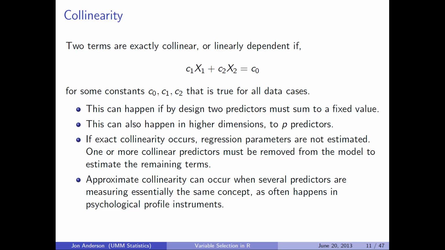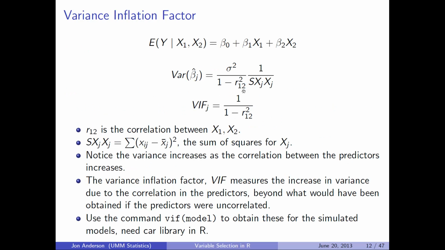Whenever this happens, if you try to put both of these predictors into a regression model, the R output would come back and say that one of the parameters could not be estimated. That would be a clue that you have predictors in your model that are functions of each other. That's what it would mean if you see that in your output.